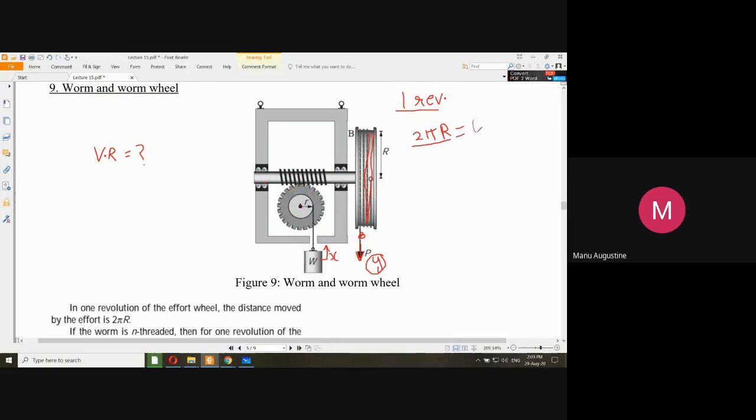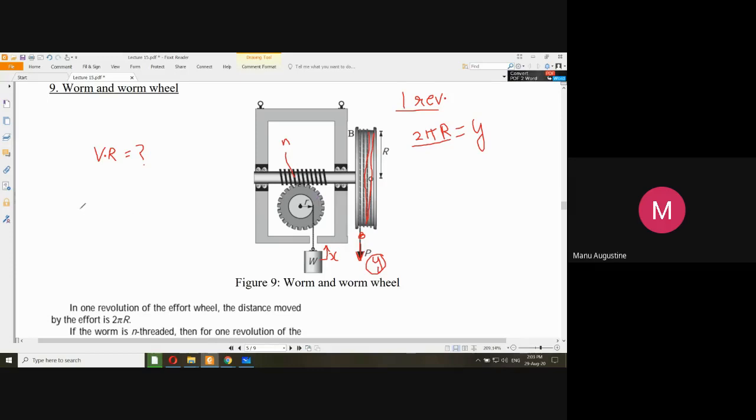This 2 pi r is y. Let us keep it here. We are concerned about how much this X will be. This is an N start worm, so N teeth will move in one rotation.